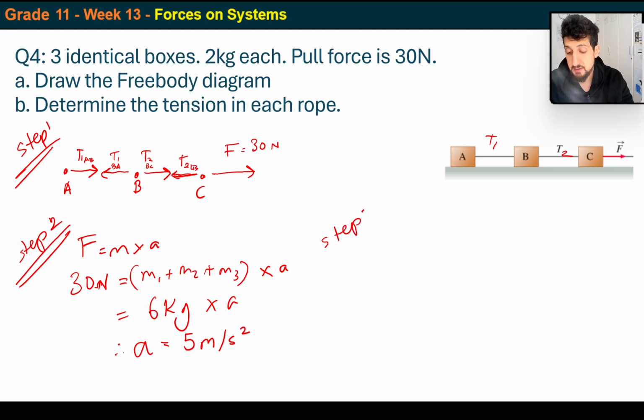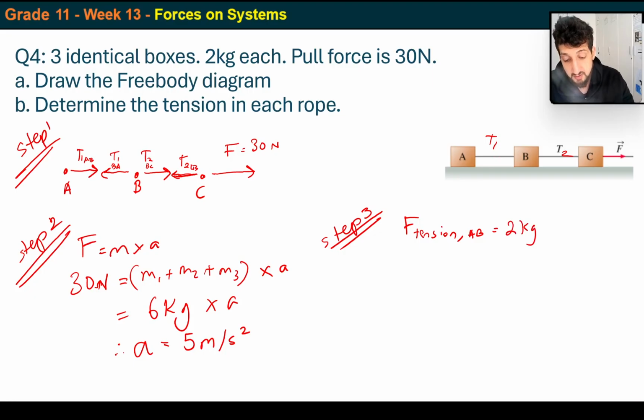Easy peasy. Step 3, what do I need? I need to figure out, first of all, the tension of B on A or A on B. And the way I'll do that is by going F tension AB is going to equal the mass of A, which is 2 kilograms, because that's the only thing that's pulling on this rope here.